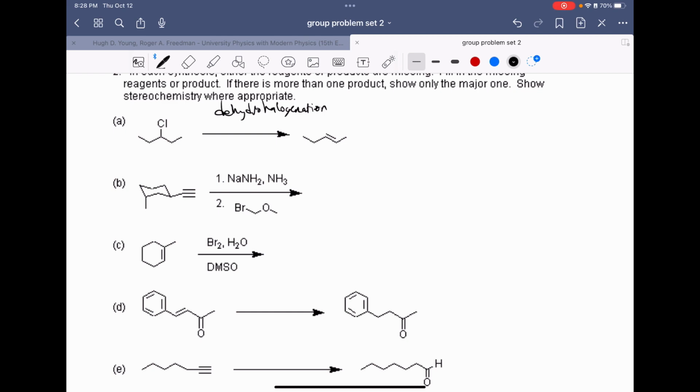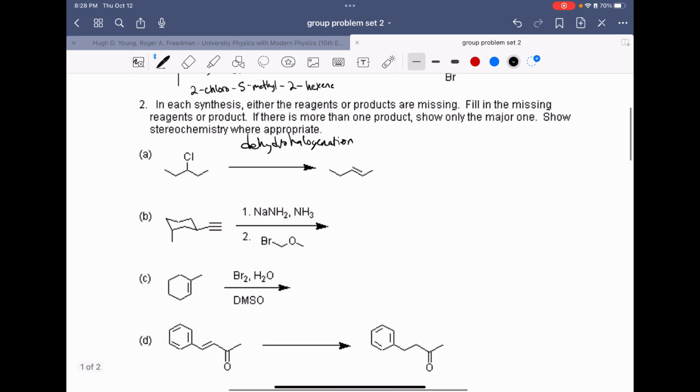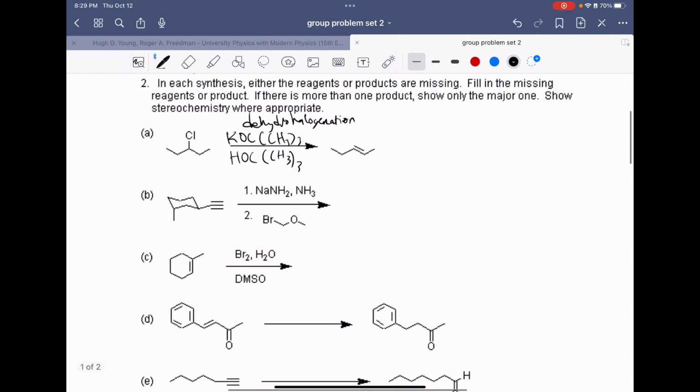And we'll go over some of the mechanisms, or the things that actually happen in these reactions, later on, but in this one we'll just fill out the reagents or the products. So the reagents that you use for dehydrohalogenation are going to be, or at least the ones I've learned, I'm sure there are others, and I learned these to remember them as cock. Yeah, and then that's pretty much it.